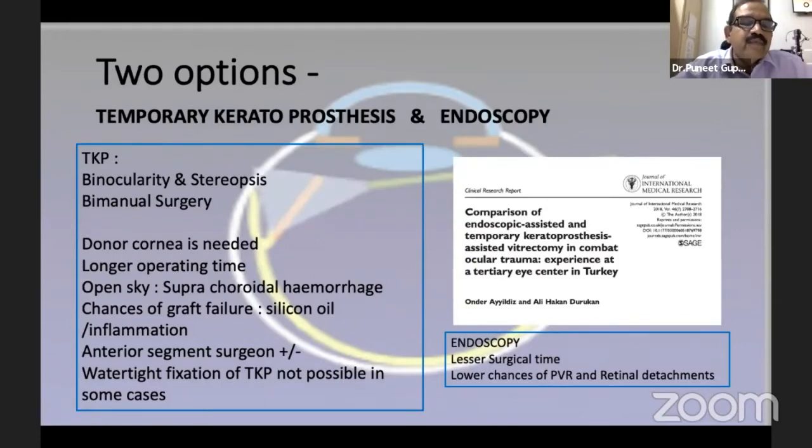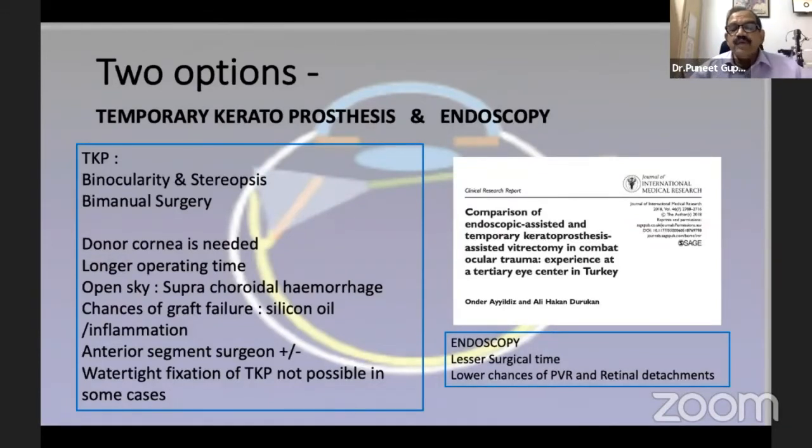Longer operating time is required for fixing up TKP, etc. Because of the longer operating time and open sky situation, there are chances of having suprachoroidal hemorrhages, chances of graft failure because of the extensive surgery, silicone oil situation, and inflammation because of the extensive surgery. You may also require the help of anterior segment surgeons sometimes, and a watertight fixation of TKP is not possible in some of the cases.